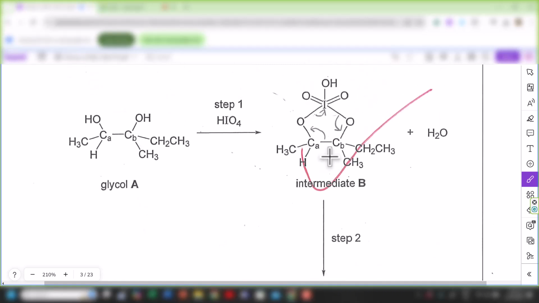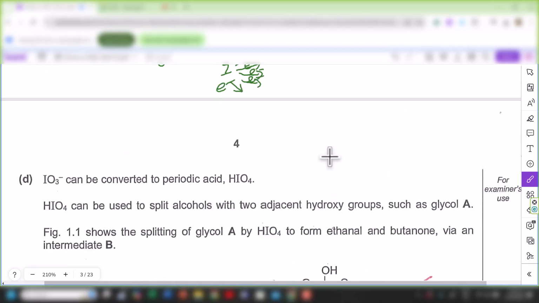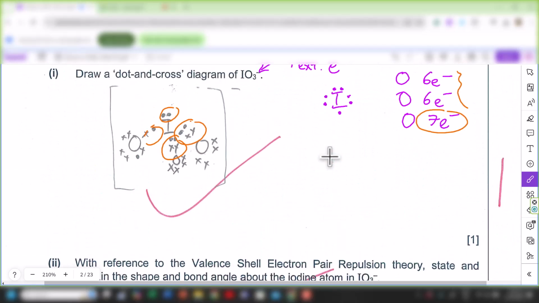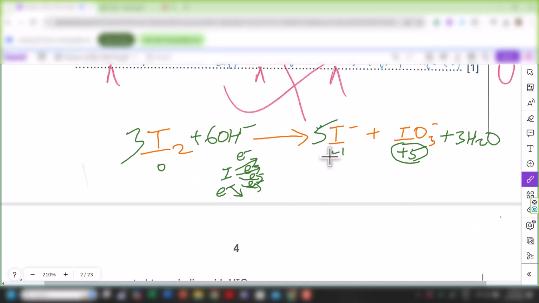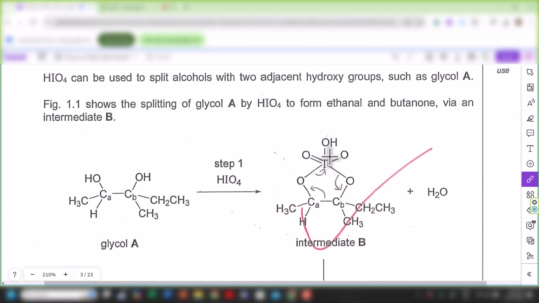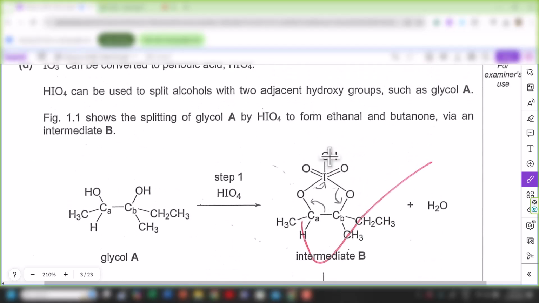And how do you draw HIO3? Again, it needs no introduction because you know the structure of IO3 minus here, assuming you drew it correctly. Actually, you notice that over here it sort of gave the game away.